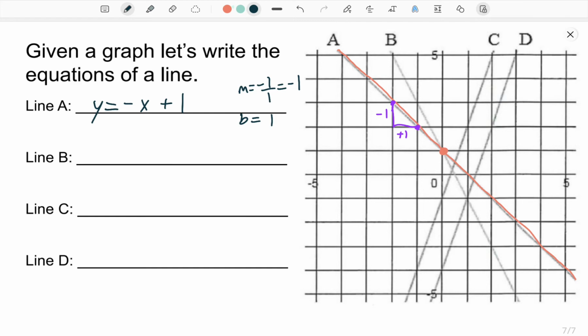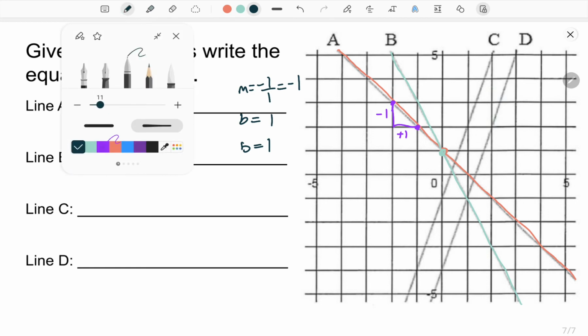Let's take a look at the second graph. The second graph we'll draw in this greenish color. Just go over it there. And again, we're crossing at the same point. So our y-intercept again is going to be b equal to 1. This time we can see it's a little steeper, so let's see what the actual rise over run is.